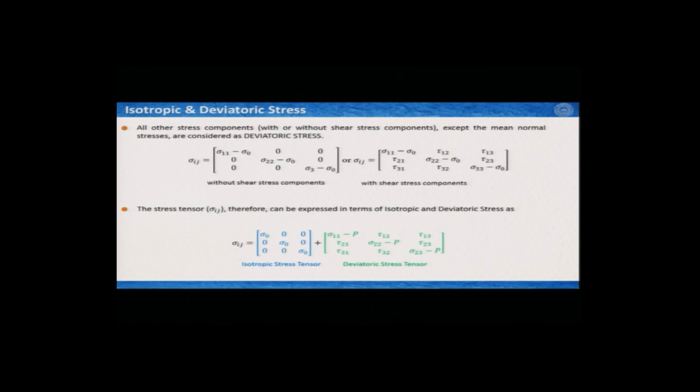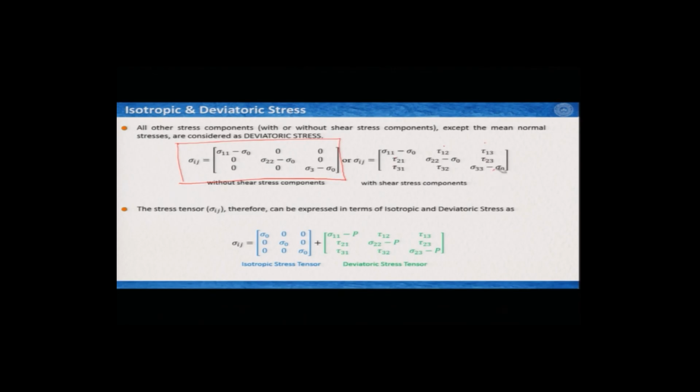Then all other components in the stress tensor matrix, with or without shear stress components, except the mean normal stresses, are considered as deviatoric stresses. So, you can write it this way. This is written without shear stress components, and you can also add your shear stress components.